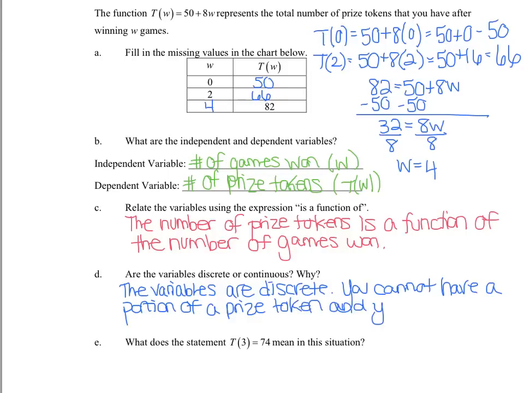And you can't win part of a game. You can win 1 game, 2 games, but you can't really win 1.5 games. So they must be whole numbers only.